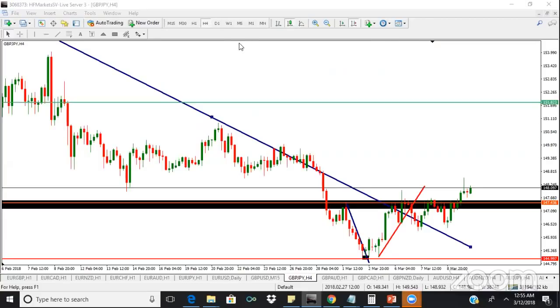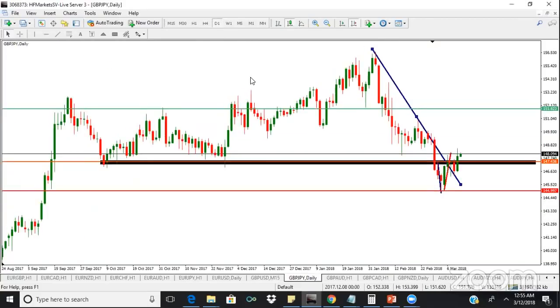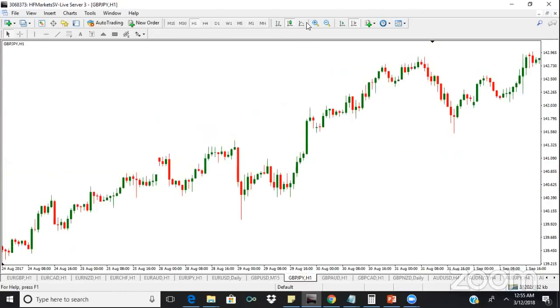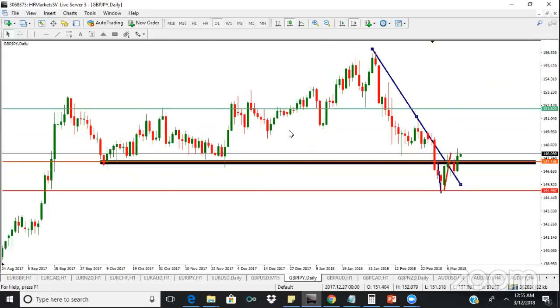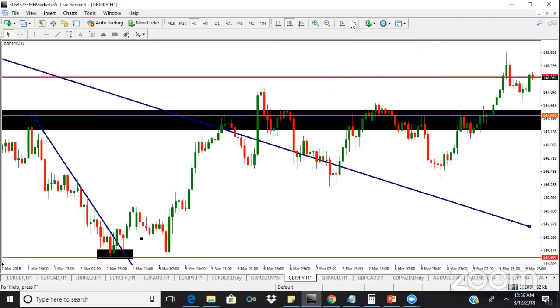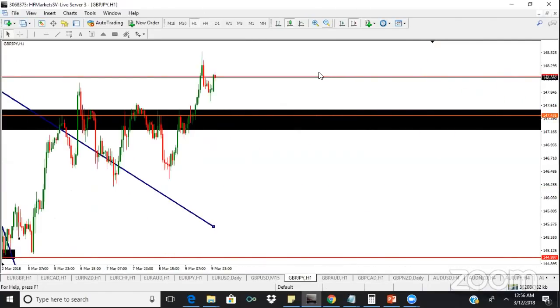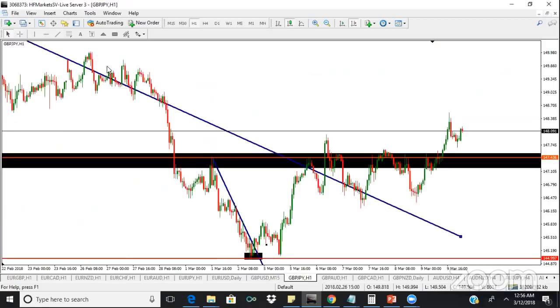Fantastic. Let's go to daily GU. GU is going up. Look for a buy this week on GU. Okay. Look at what has happened. It has broken our sell trend line. If you go to 1 hour, this is our sell trend line.